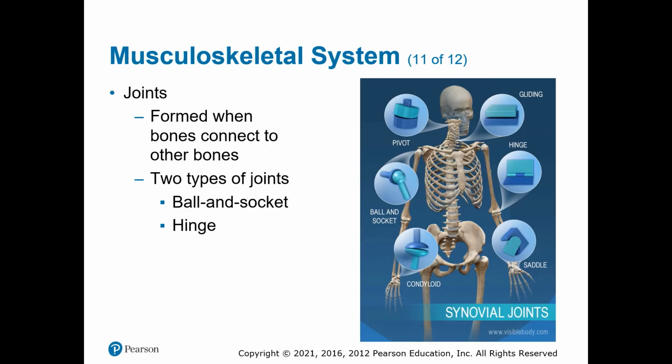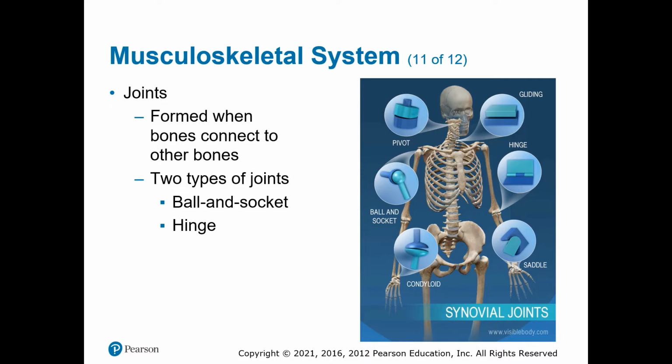Joints. So there's several different types of joints. The biggest ones are the ball and socket and the hinge joint. And these are formed when bones connect to other bones. When we talk about pivot joints, you're talking about like your fingers are pivot joints, or I'm sorry, those are hinge joints.